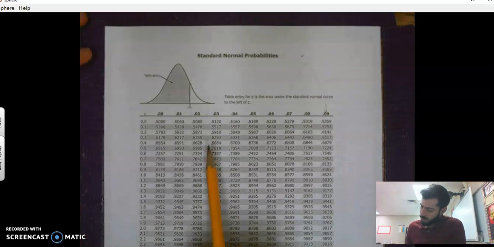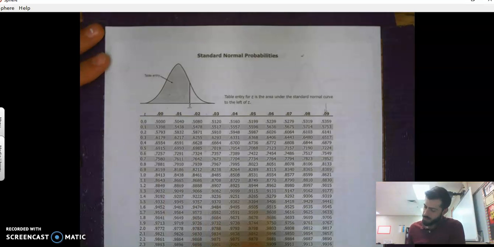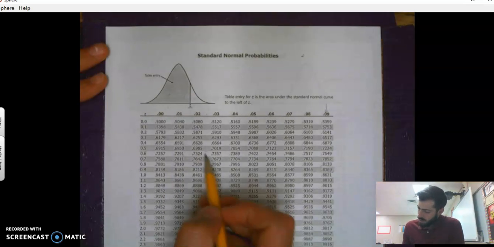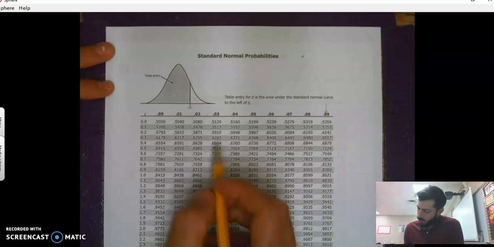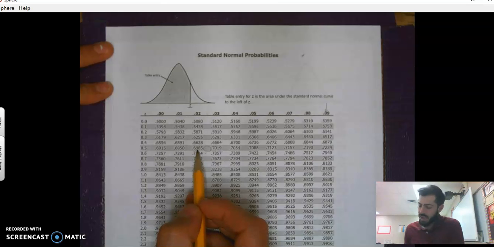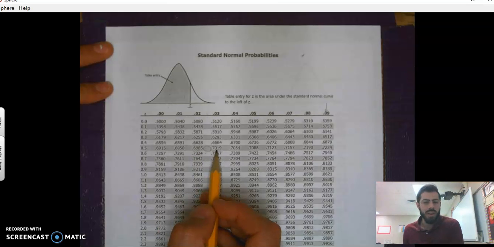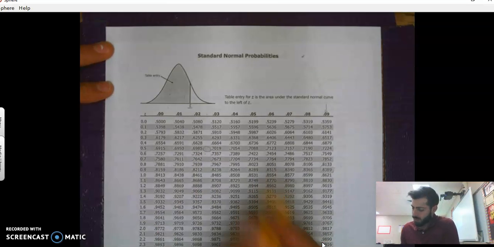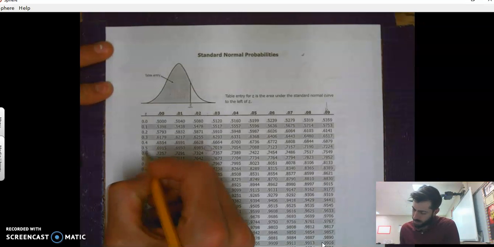So we look at our table and say, okay, if our data is normal, then 70% would be halfway between these two numbers. We have 69.85% and 70.19%, so we'll approximate. We'll say it's at 0.525.